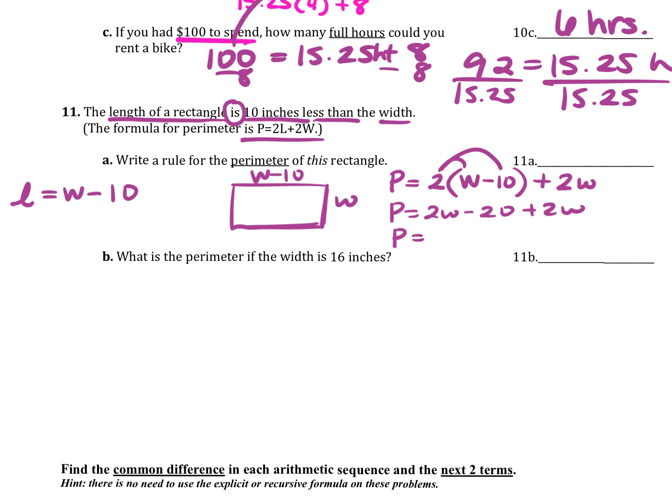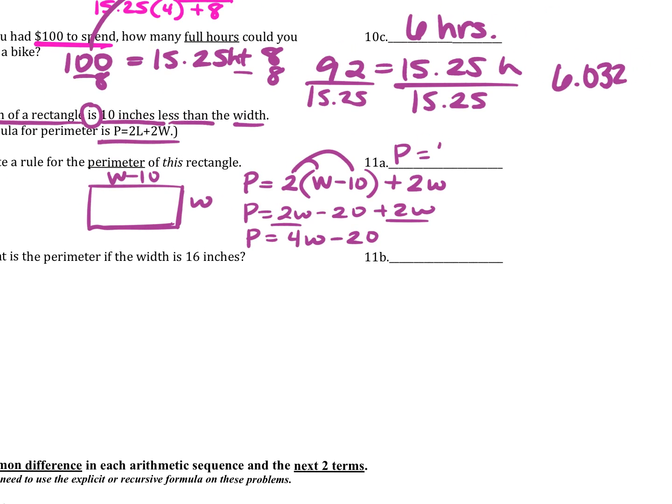So P equals 4W minus 20. It's lovely to go as simple as you can, but like I said, I won't force you to on that one. But that would be your perimeter: 2 times the length plus 2 times the width in terms of whatever they were giving you.